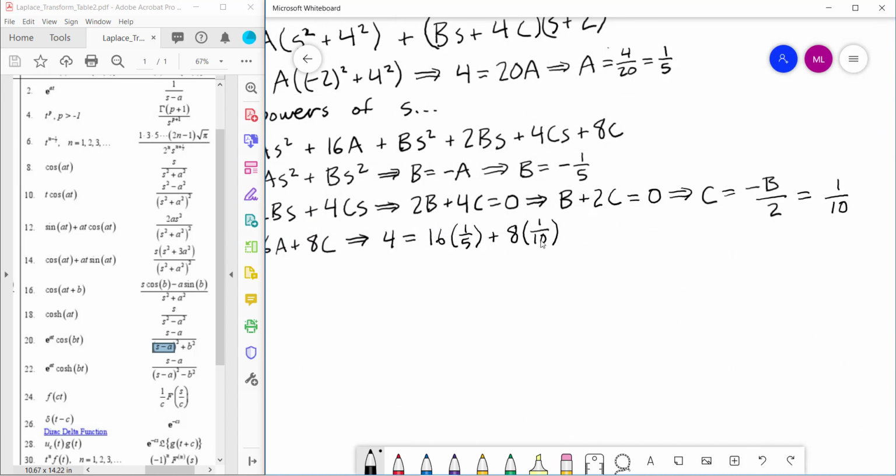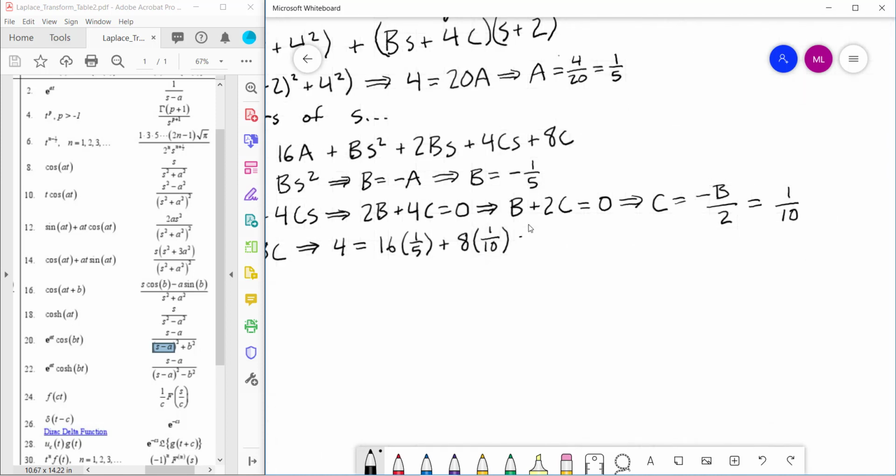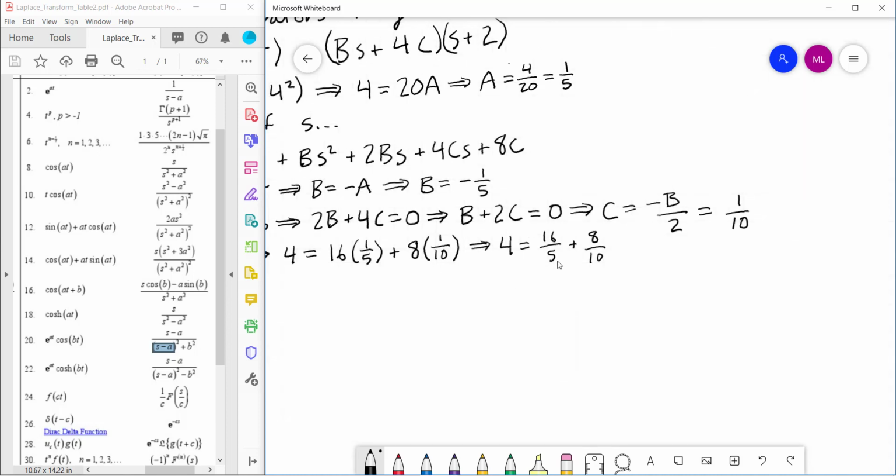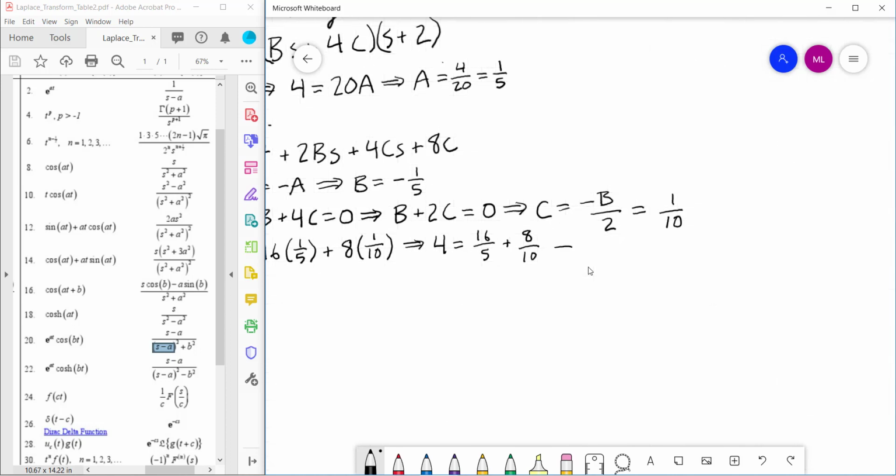And so we can take a look at this. We've got 4 is supposed to be equal to 16/5 plus 8/10. If I want to get a common denominator, the common denominator should be 10. So I would have 4 equals, let's just do it on this side. To get 10 in the denominator, I need to multiply this number top and bottom by 2.